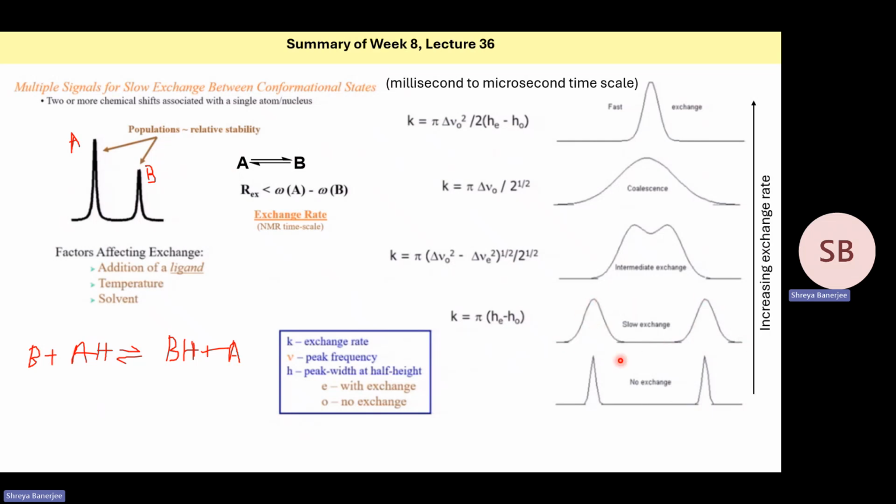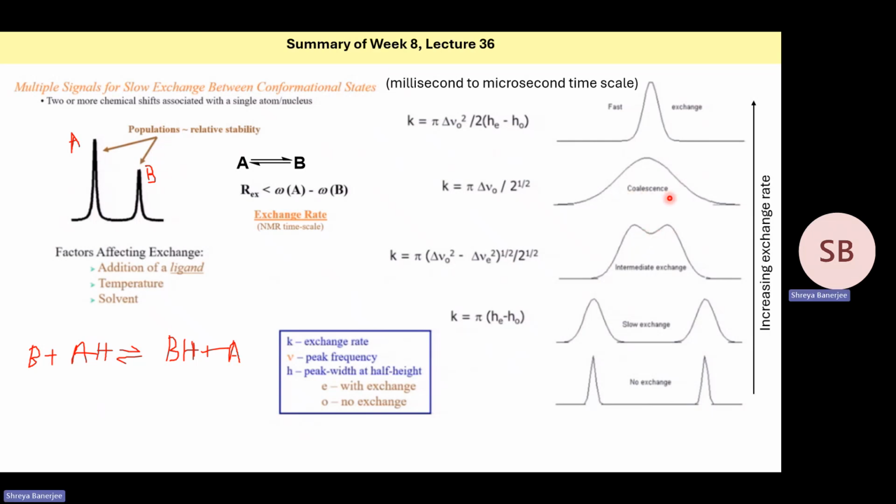That is, the chemical shift range or width, peak width, becomes larger. As the rate of exchange slowly increases, you can see from bottom to top, the peaks are slowly merging. This is the intermediate exchange rate, where you can distinguish that there are two peaks, but they are merging here.